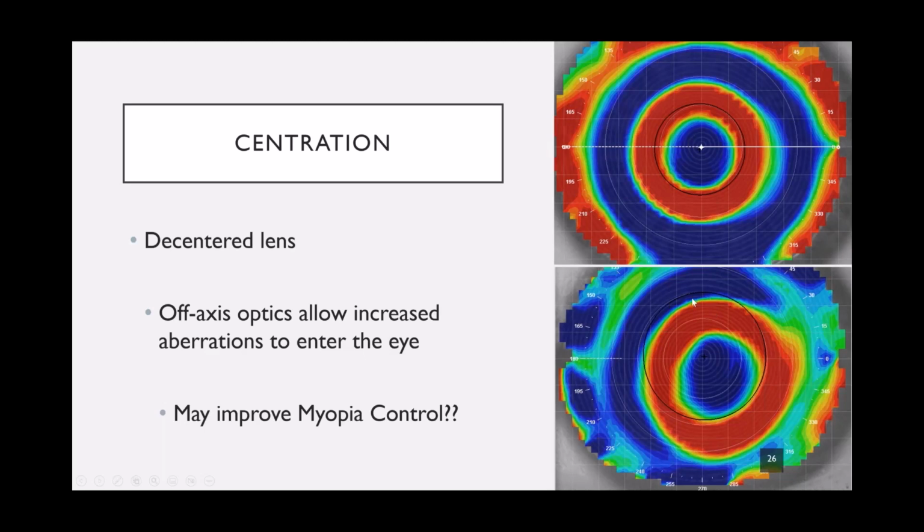Now, surprisingly, a fair number of patients who have topographies like this actually have no visual complaints. They're very, very happy. If the patient comes to you and they have a decentered treatment zone like this, but they're seeing well and they're completely happy, there's absolutely no reason to change that fit.